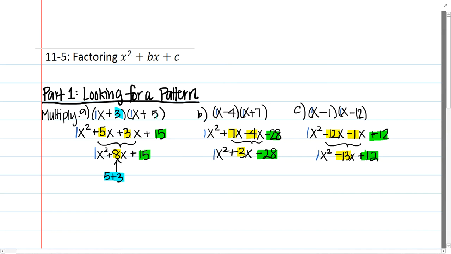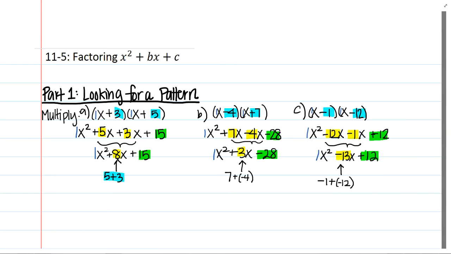Those are these two numbers. And that is true for all of these problems. 3 is 7 plus negative 4, and negative 13 is negative 1 plus negative 12. We're taking the two numbers that are in these spots and adding them in order to get the yellow number, the number that's in front of the x.